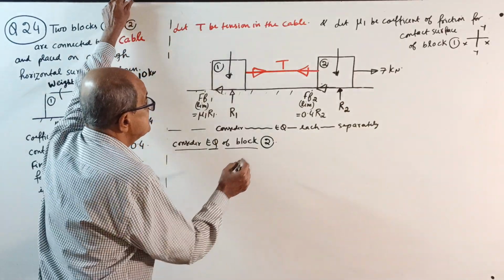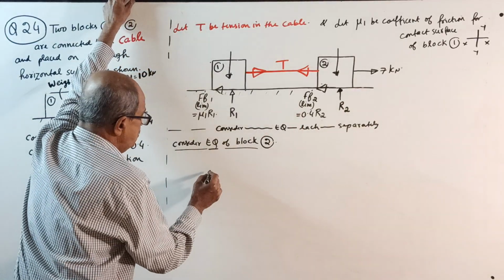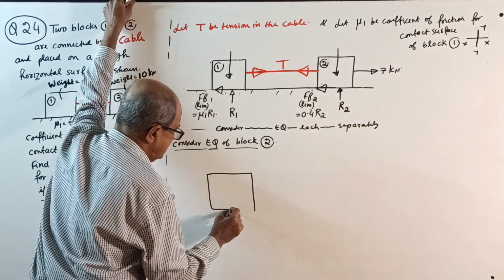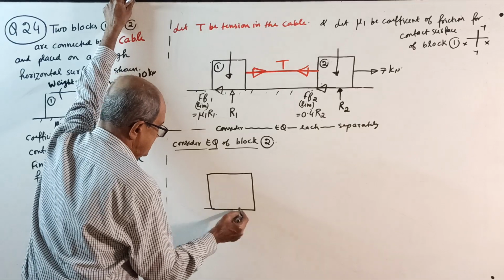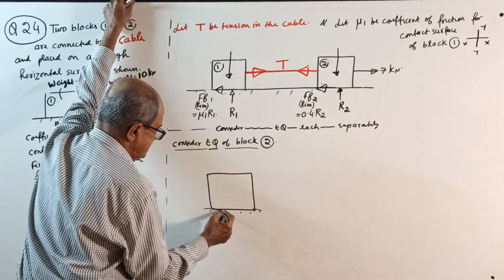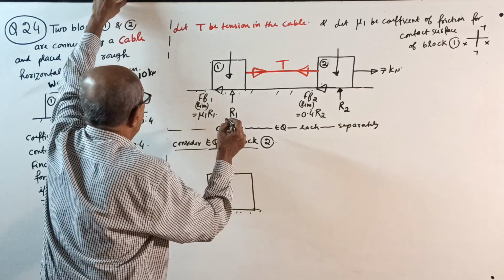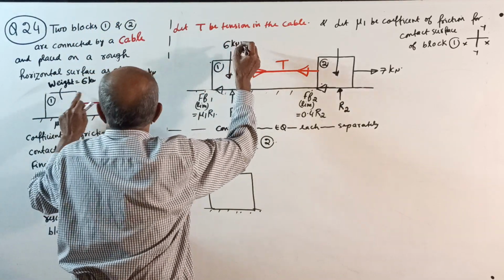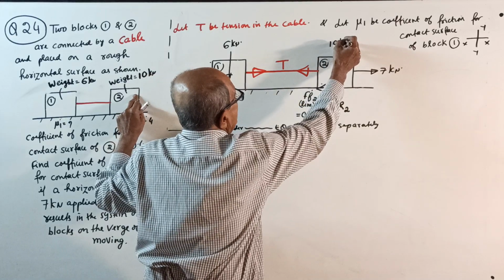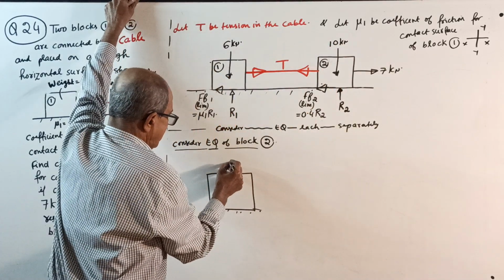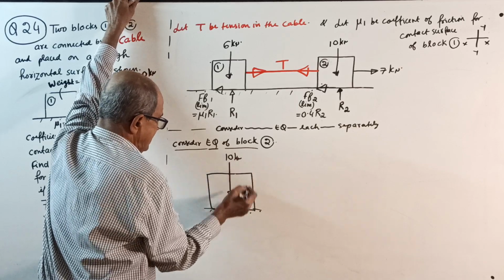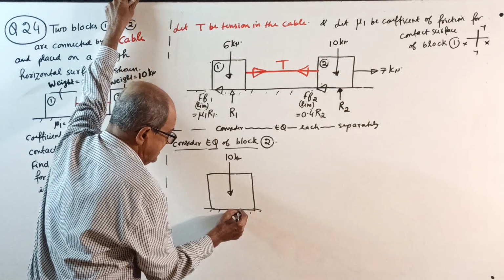Now start the sketch of block 2. I won't waste time now. Consider block 2 here. Weight acting down, how much weight? This weight is 6 kilonewton, this weight is 10 kilonewton. Therefore, this weight of 10 kilonewton acts down, and the normal reaction R2, I slightly shift this side.